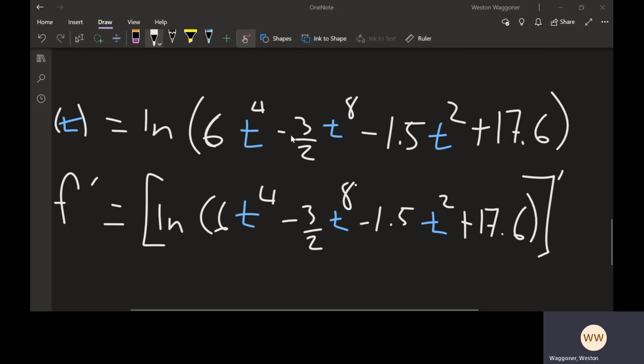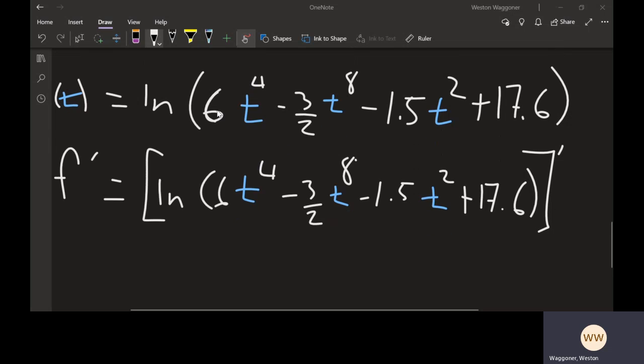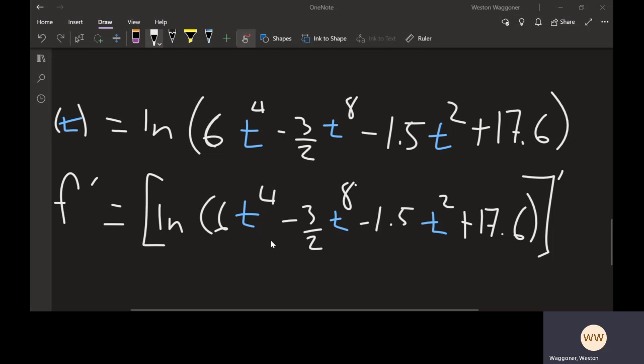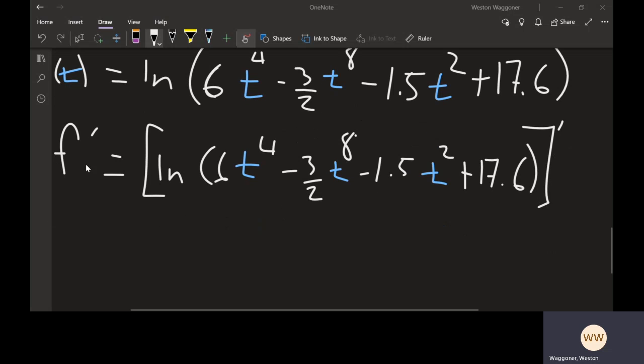But I understand how crazy some of this stuff looks, because you have log and then you have all these variables. I mean, same variable, but just so much of it. So I'm going to say f prime, just for shorthand, still with respect to t. Everything is being taken to the first derivative.